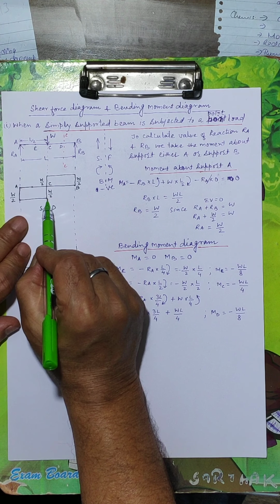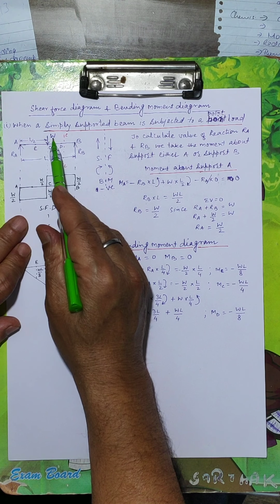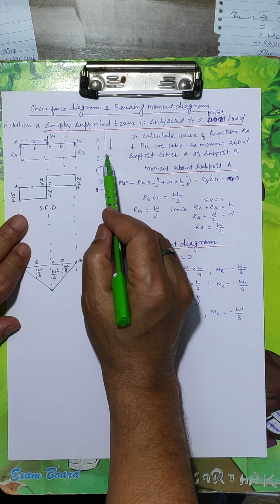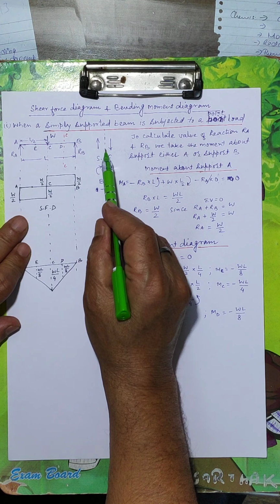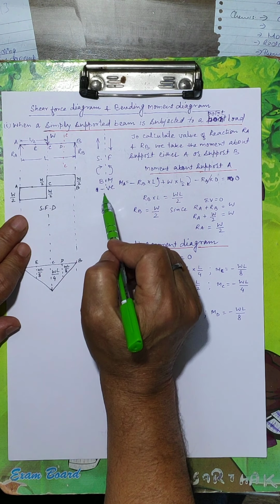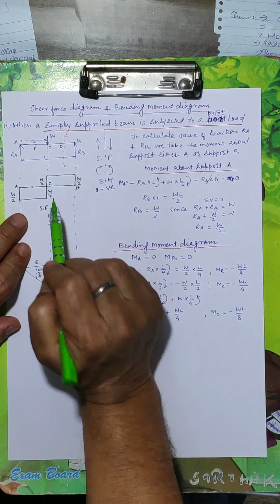Here C is having load W downward. The load on the left side of the section, if upward we will take negative, if downward we will take positive.